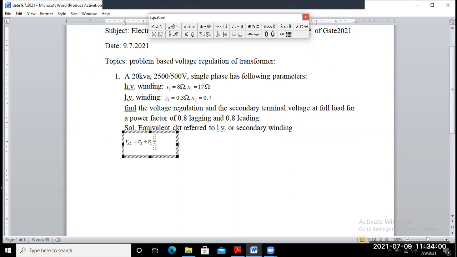So just write here R1 into N2 by N1 whole square.